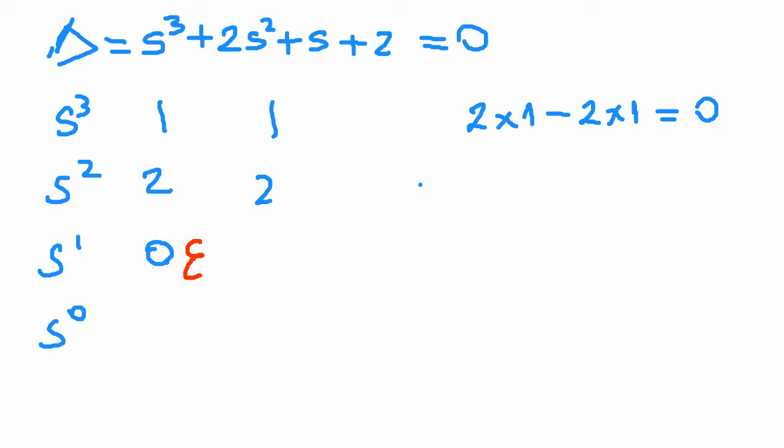Then epsilon times 2 minus 0, divided by epsilon, this becomes 2. So this system is stable. This is one example I would like to draw your attention to. If you have a 0 here, you are going to replace that 0 with epsilon.